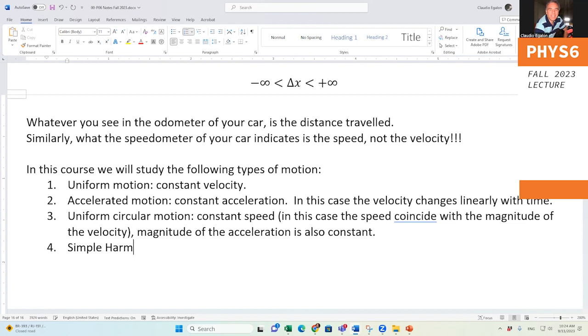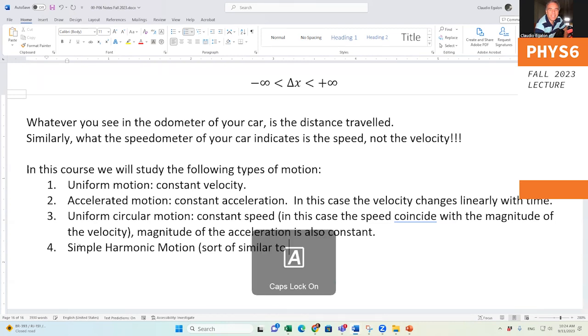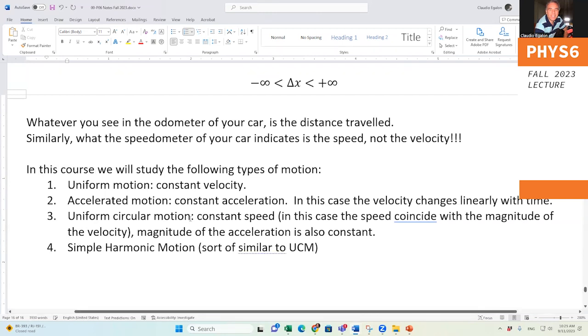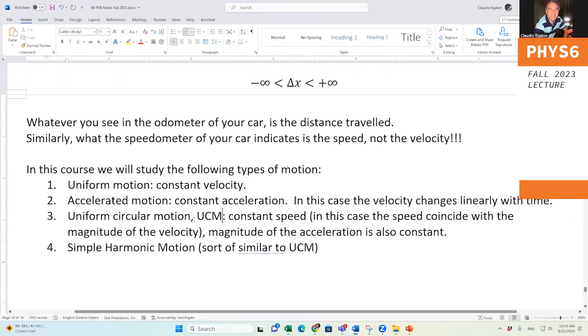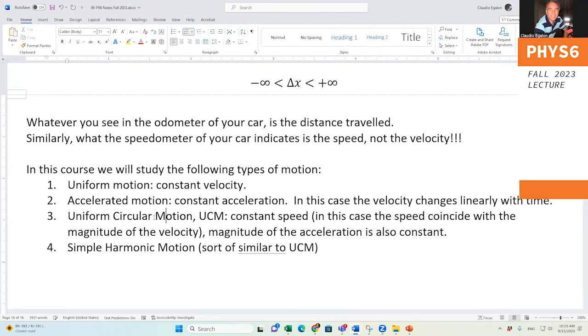It is sort of similar to UCM, which is uniform circular motion.